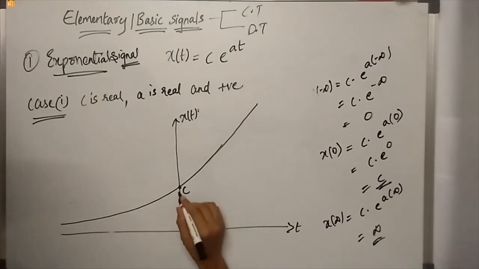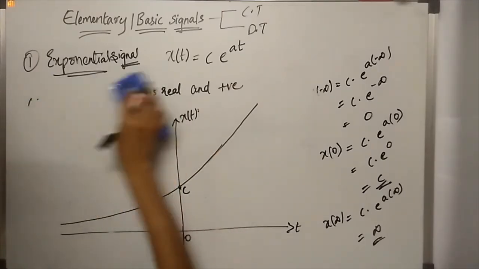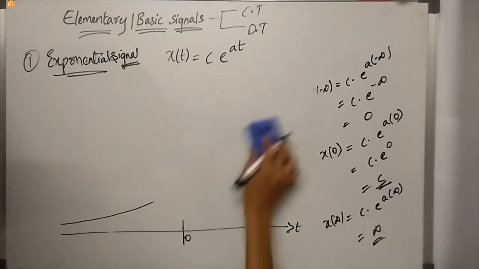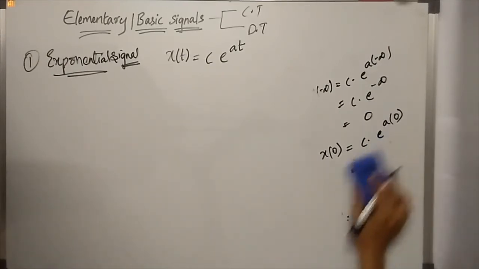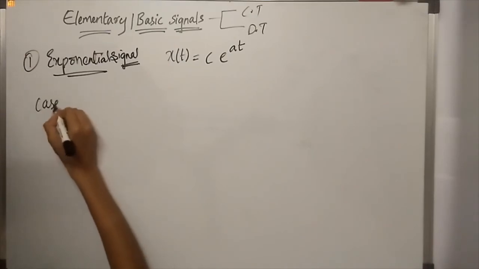C is nothing but the amplitude of a signal at t equal to 0. Right? So now we will consider the second case, case 2.